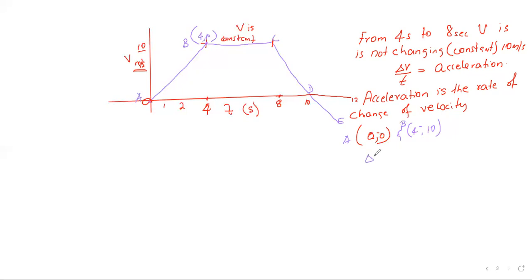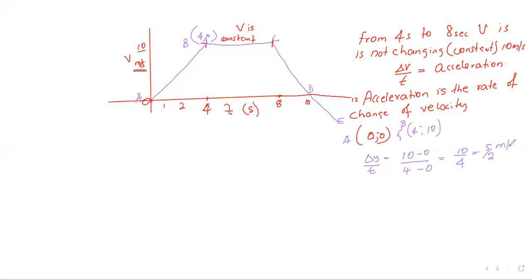Now the change in V over T will be 10 minus 0 over 4 minus 0. That is 10 over 4, which is 5 over 2.